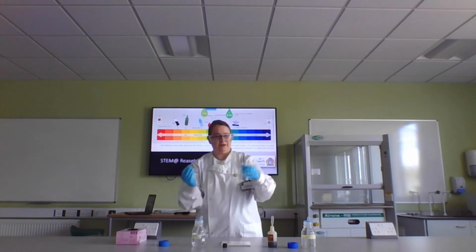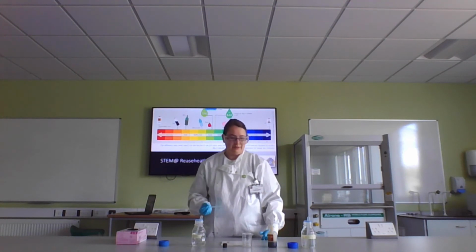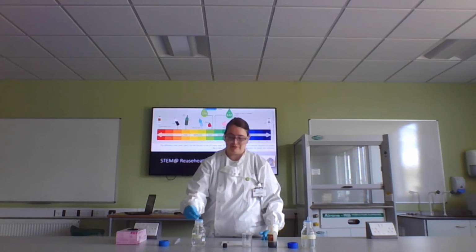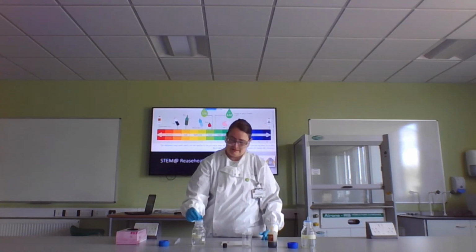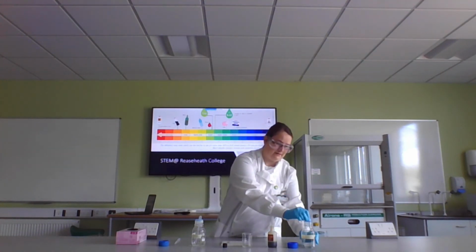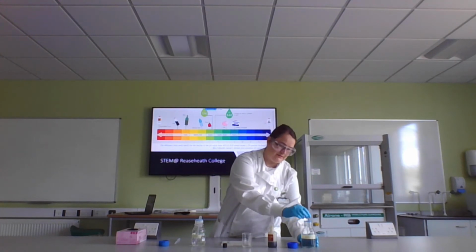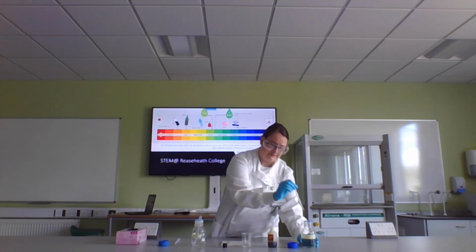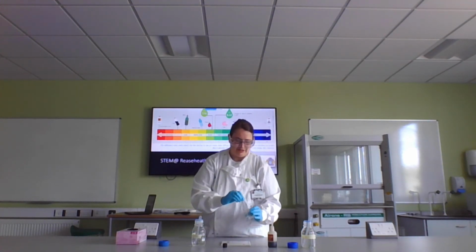So let's give it a go. I've got a little beaker here. I'm going to see if I can mix these two in equal amounts, and then we'll end up with something neutral. So I'm going to put in 2 pipettes of sodium hydroxide, 2 pipettes of hydrochloric acid. I now have a 4th pipette here, which hasn't been mixed with any of the other chemicals, and I'm just going to use that to mix these.